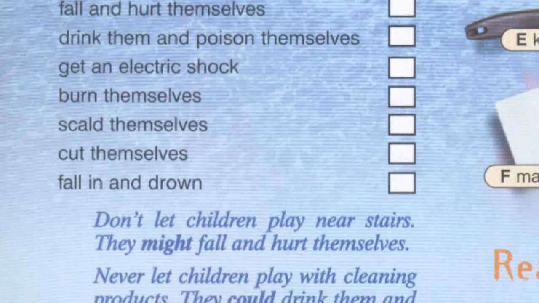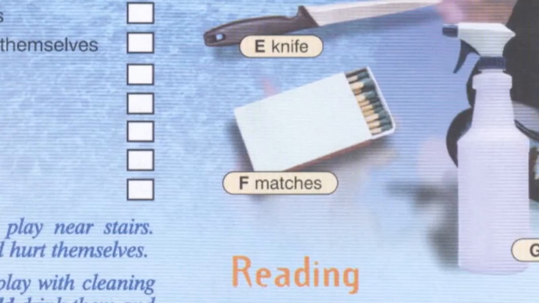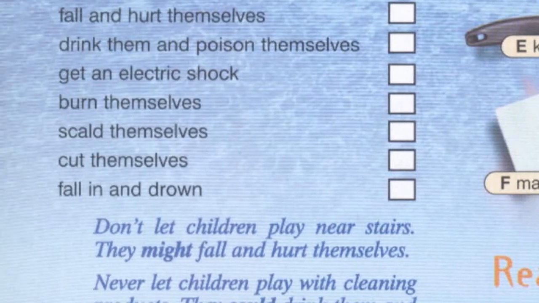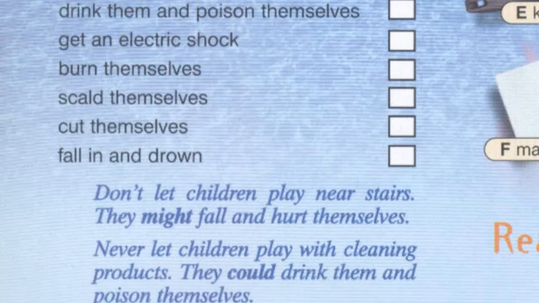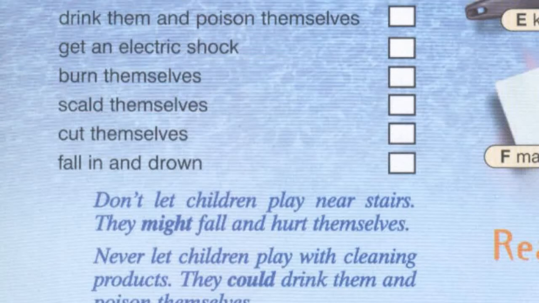Or look at the next one. Never let children play with matches. They might or they could burn themselves. Or, for example, the next one. Don't let children play near the hot water.